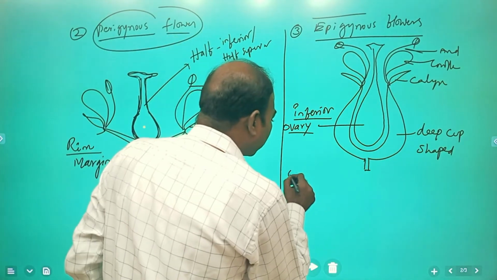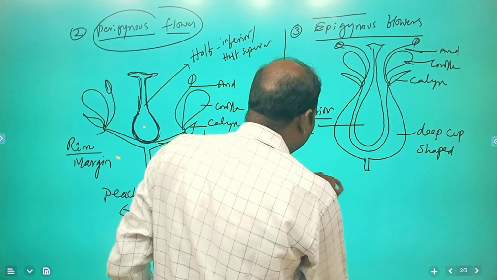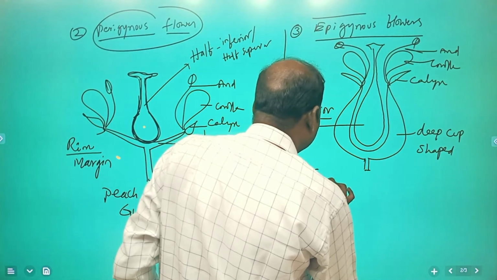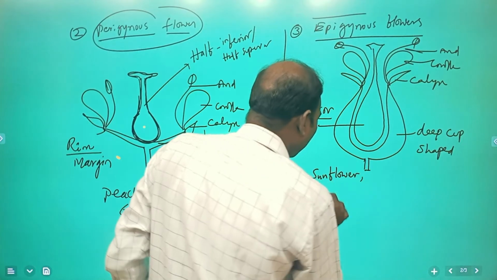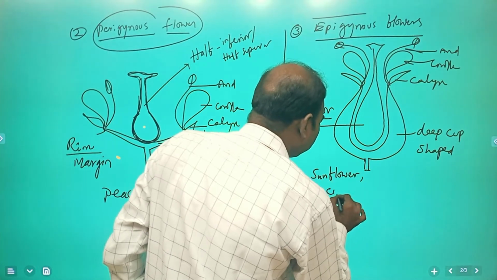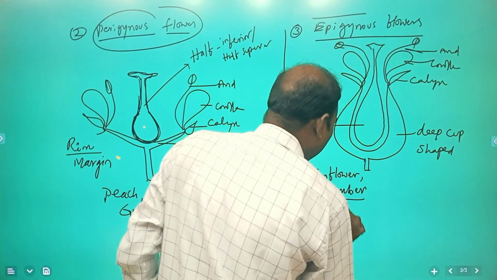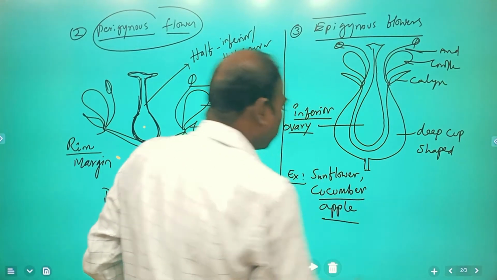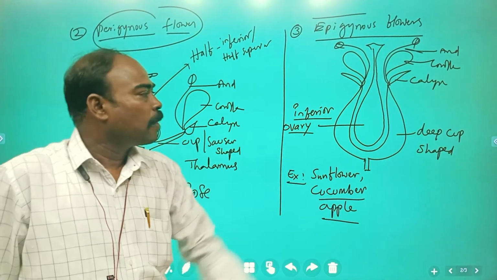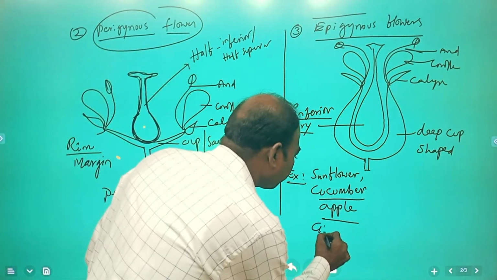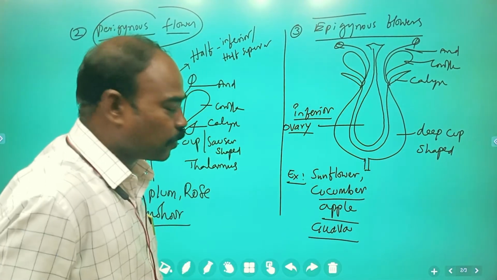Such types of flowers are found in ray florets of sunflower, cucumber, apple, guava. In these, inferior ovary is found.